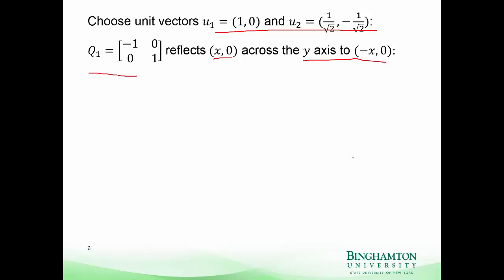It doesn't have to have a 0 here. It'll reflect anything so that its first element just gets negated. That's all it does. So we're showing that xy goes into negative xy.